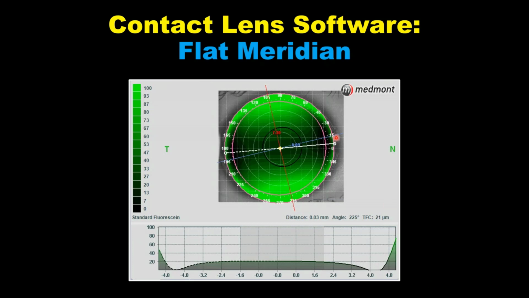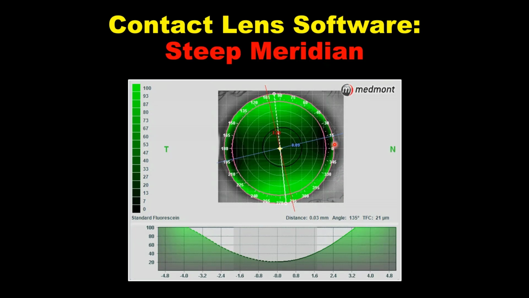And of course, you know intuitively that a rigid contact lens will always bear on the flattest meridian of the eye. So we could just go back to the K readings and look at the flat axis. The elevation map tells us that we have red at 3 and 9 o'clock. And sure enough, when we use the Medmont contact lens software, we see the landing at 9 o'clock. We see the landing at 3 o'clock. So that's where the eye is most elevated.